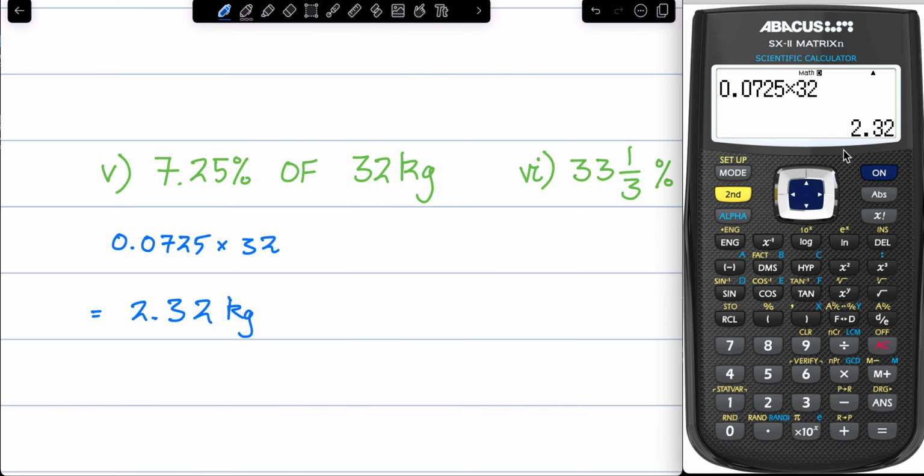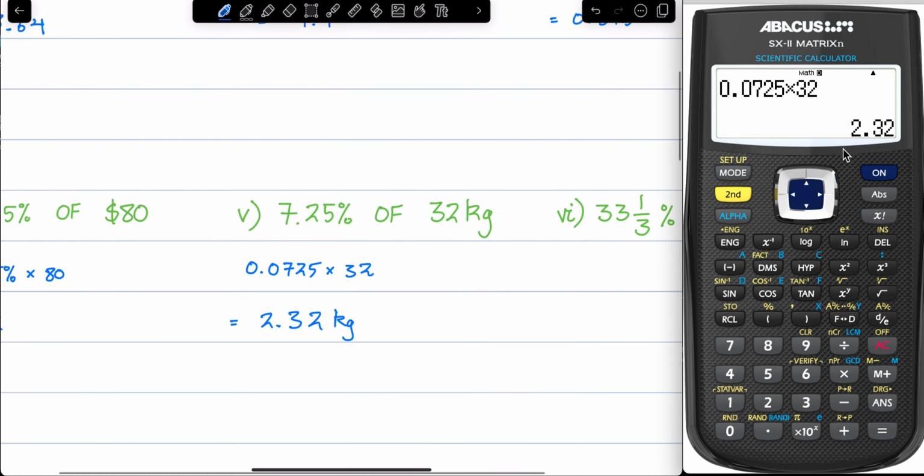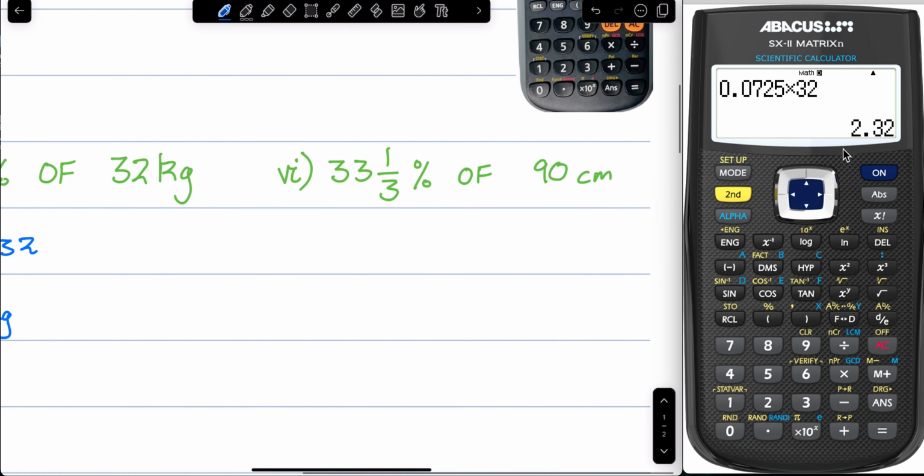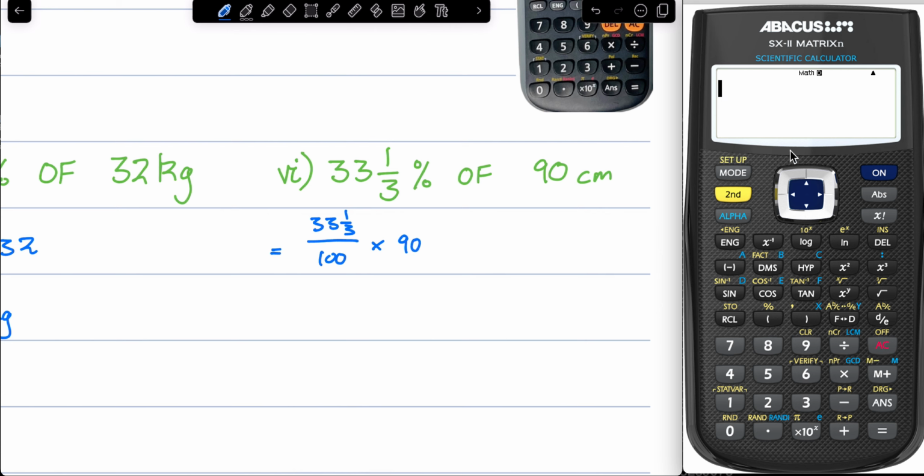And for the last one, making this as a fraction, it can still be over 100. So 33 1/3 over 100 times 90. This one we still can type in as a fraction. So take a look. Let's do that 33 1/3 first.